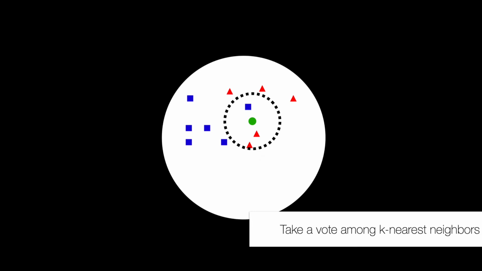If we have k equals 1, we might likely be in this position where we are equidistant between 2 elements, but if we say k equals 2 or 3, it becomes less likely that we are equidistant between 2 or 3 points. Otherwise, we can just take a vote and things will be all right.